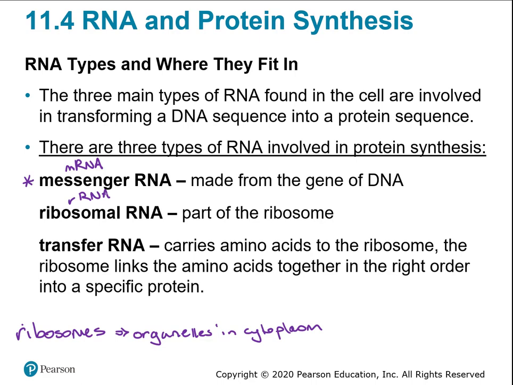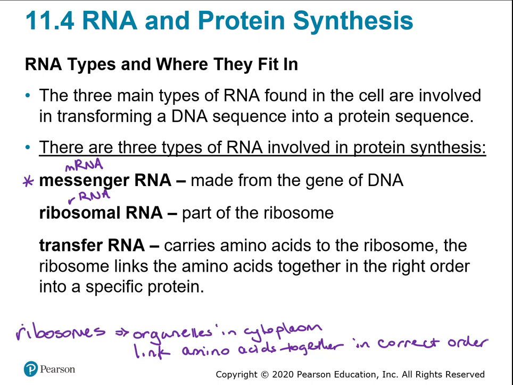So they're kind of like an enzyme inside of the cytoplasm of the cell, and their job is to link amino acids in the right order. So that's the job of a ribosome.